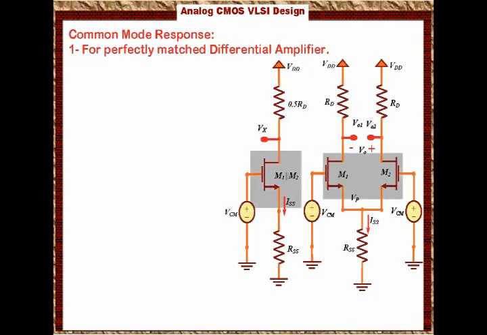So this equivalent transistor will have twice the width but the same channel length. So this transistor will have twice the transconductance, 2 times gm. Then we will have the equivalent resistance at the bottom, which is RSS, and the gate is connected to the common mode voltage.